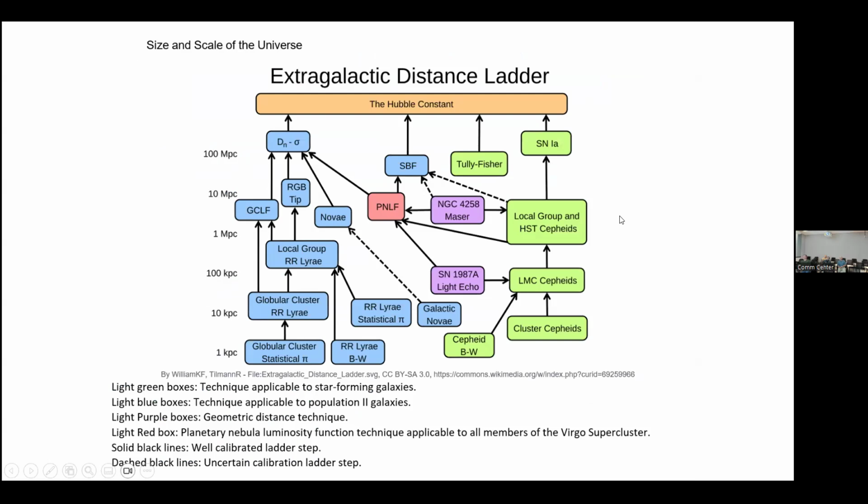Now, all of these techniques do kind of build on each other. And there are others in here that are either specialized to particular celestial objects, or that I haven't talked about. Like, I'm not sure what GCLF is.